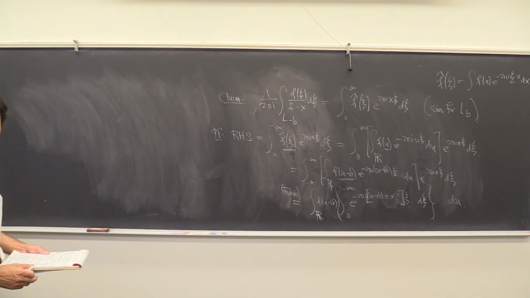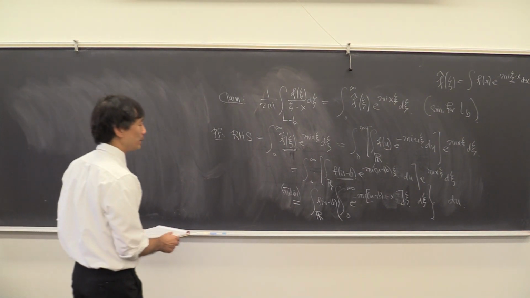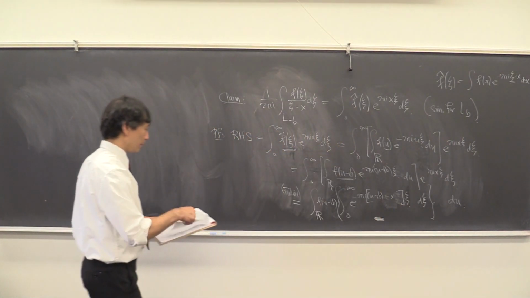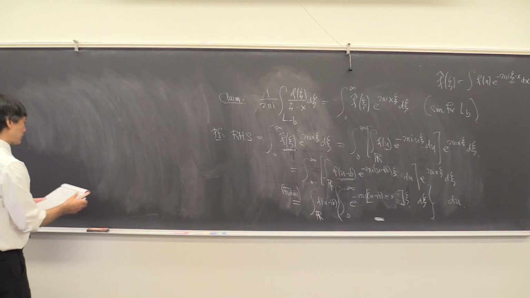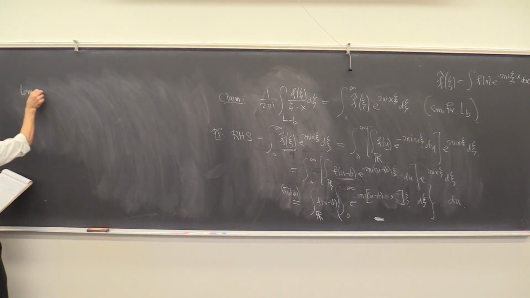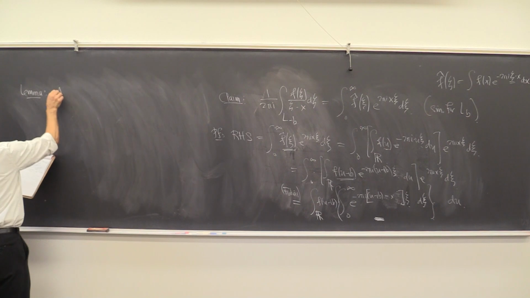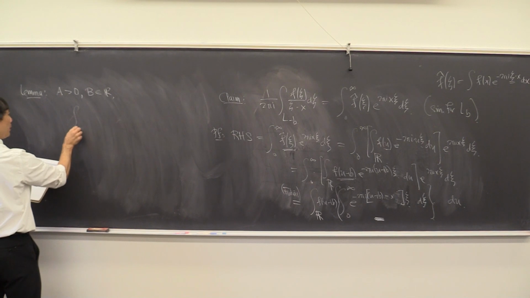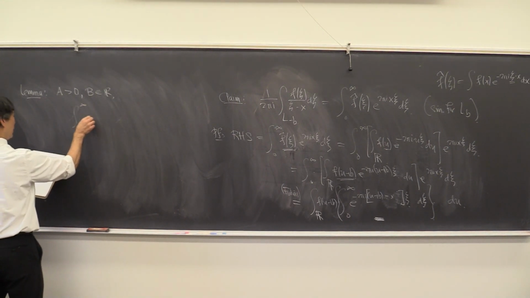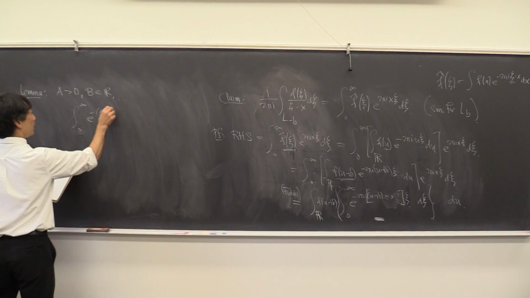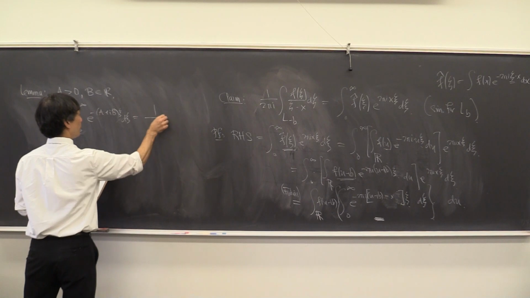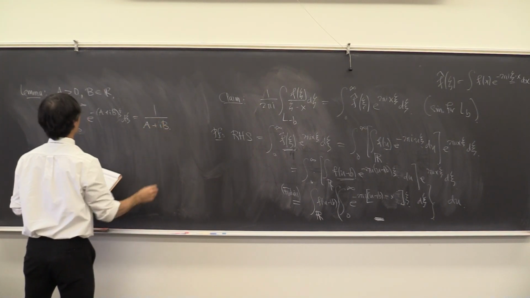Okay, so at this point, there's a small calculation here. So here's the lemma: if you have a greater than 0 and b some real number, then if you're integrating from 0 to infinity, e^(-(a + ib)ξ) dξ, that's 1 over a + ib.